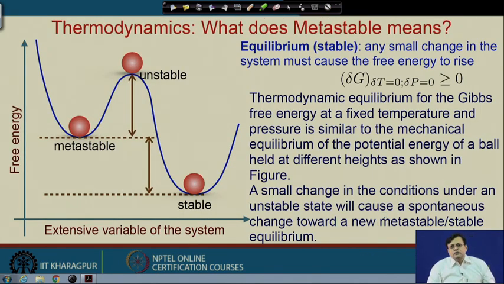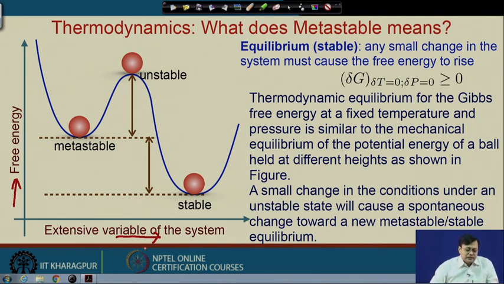So, we first try to understand what metastability means. You may have heard the terminology metastable, but we need to discuss and look at what metastable means. Here we show a free energy versus variables in the system plot.